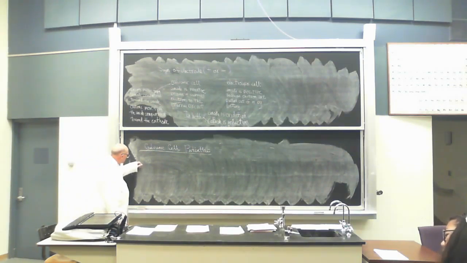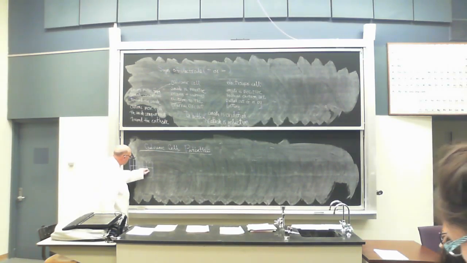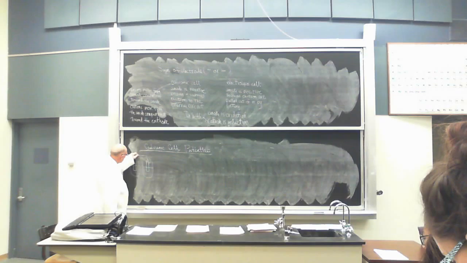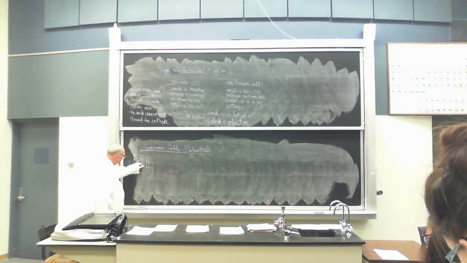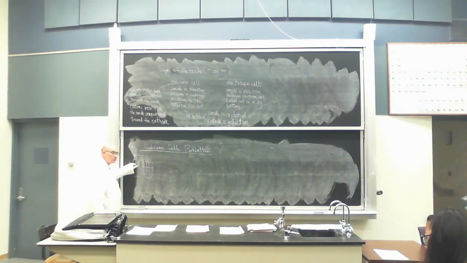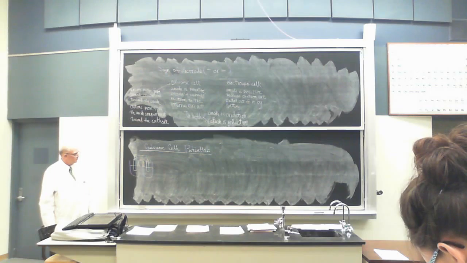And so here's our schematic. Here we've got our two beakers, our two electrodes, and the electrodes are connected, and then we've got to have a salt bridge connecting the two compartments.